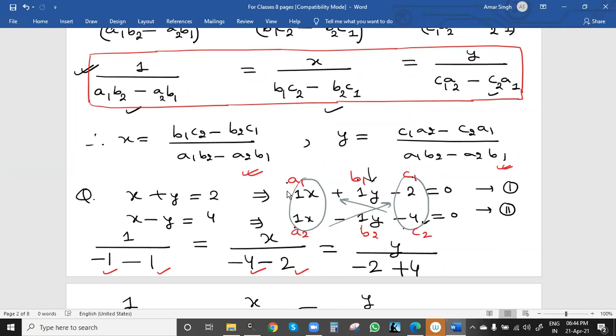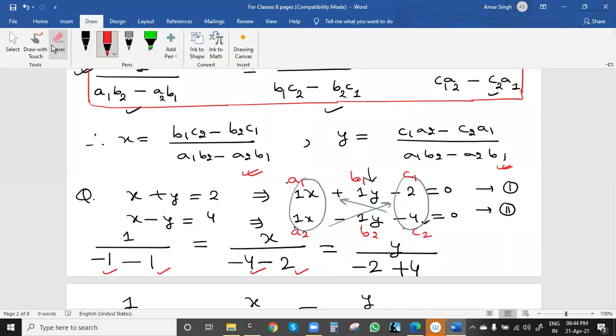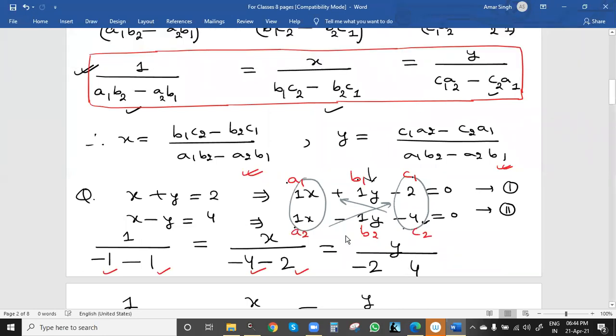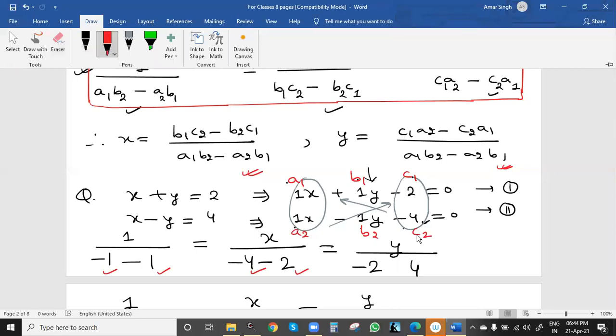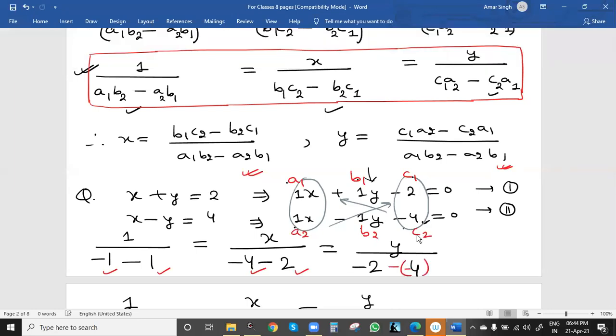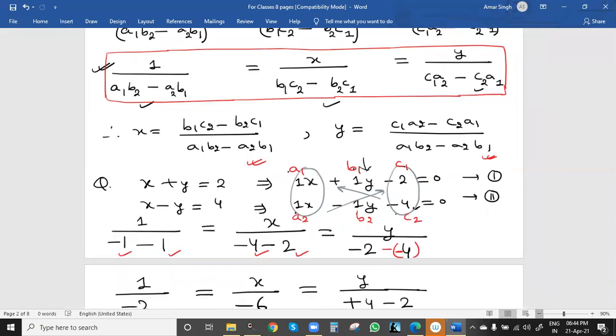C2 is minus 4 and A1 is 1, so minus of minus 4, which will be plus 4.